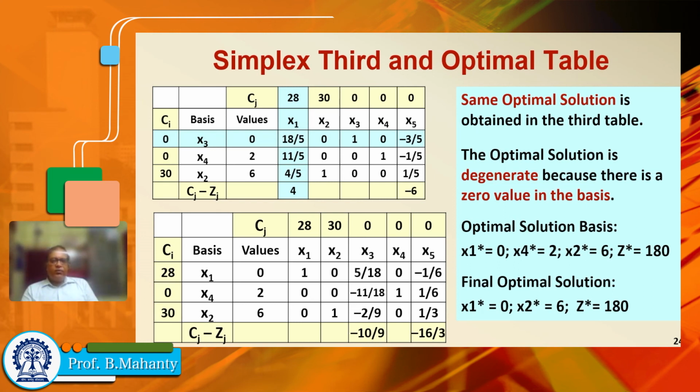The solution remains the same, but we have iterated. That is because a zero value has come into the basis, and it has not improved our optimum solution value. So that happens when there is degeneracy, there is a zero value in the basis, and it occurs when there is a tie. Depending on which one you choose, you might get different solving mechanisms, but at the end of the day you get the same solution.